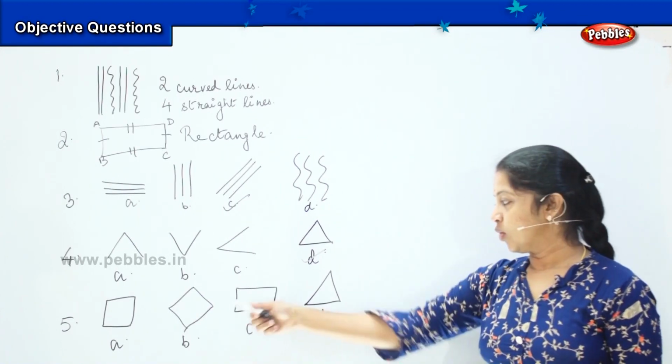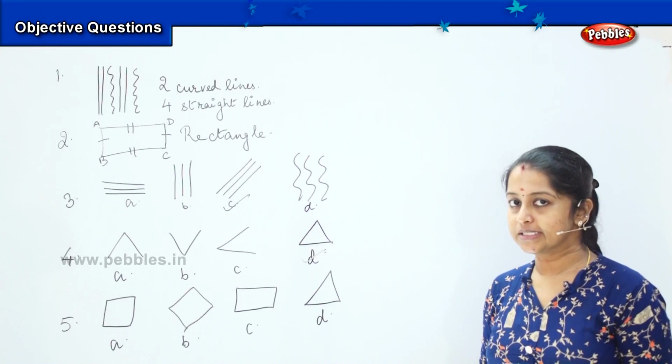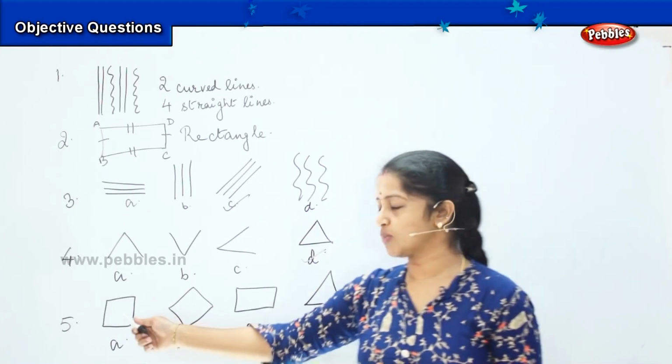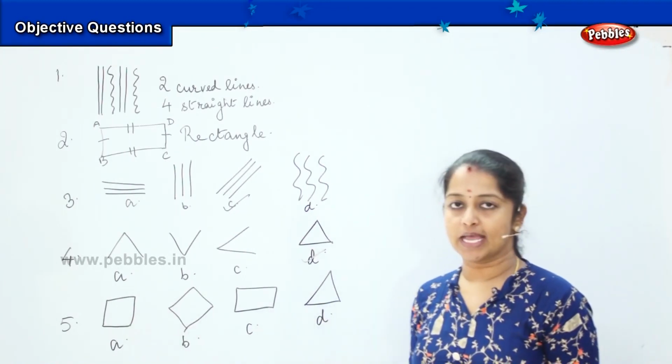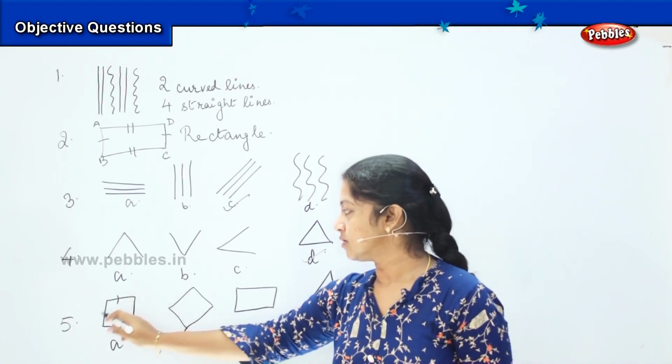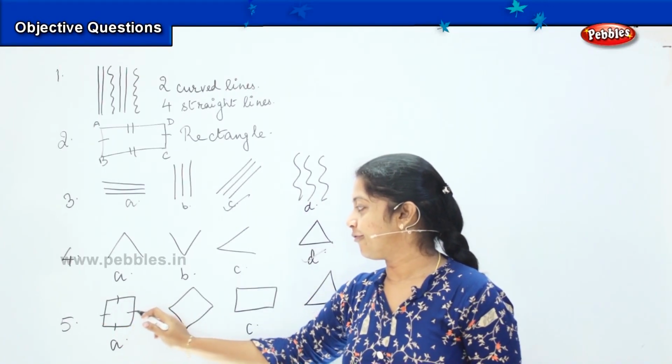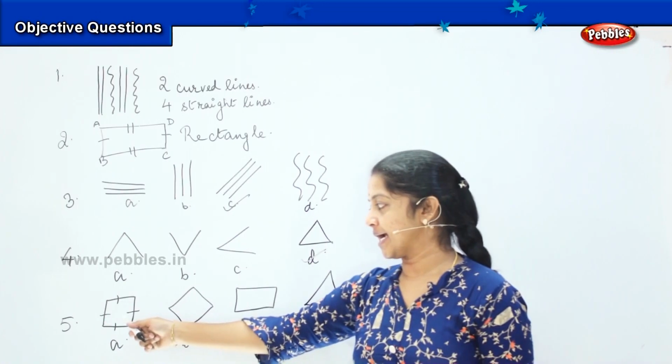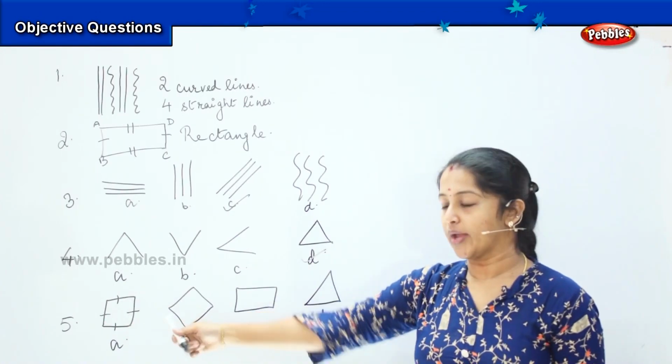So can you tell me which is odd one out among these? Is it the first one? How many sides does this have? 1, 2, 3, 4. It has got 4 sides and this is a square.